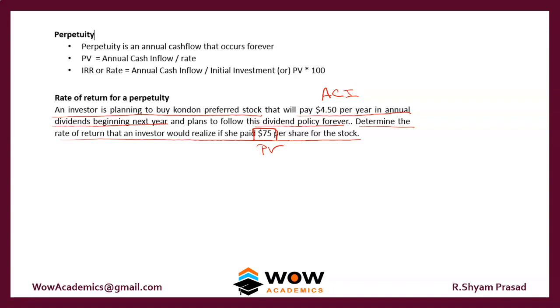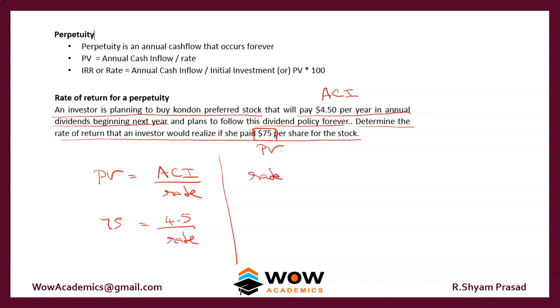So we can put it like this. The present value equals the annual cash inflow divided by the rate, where the present value is 75 and the annual cash inflow is 4.5. The rate is what we don't know. So we'll try to find out the rate. The rate will be 4.5 divided by 75.